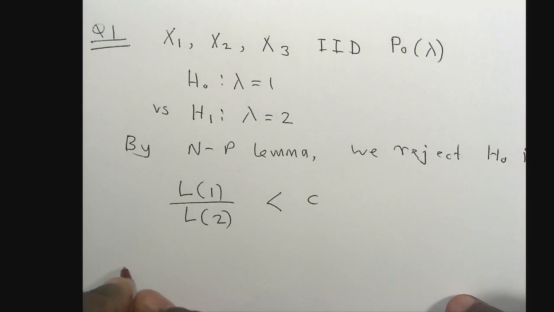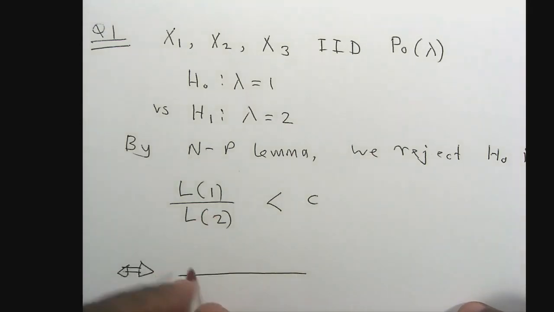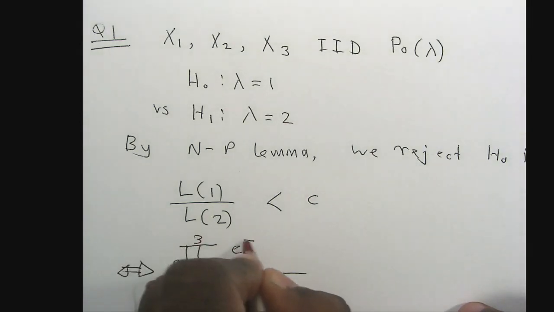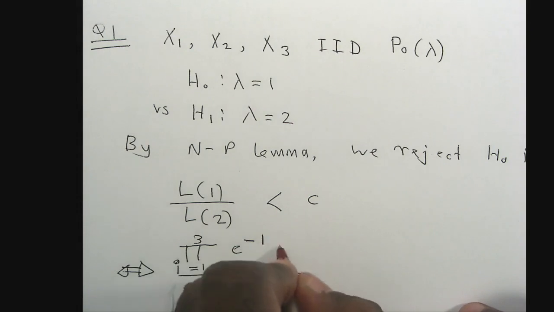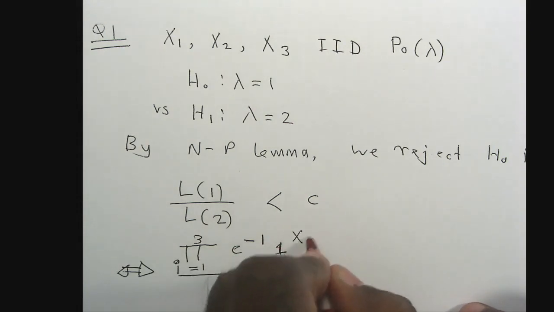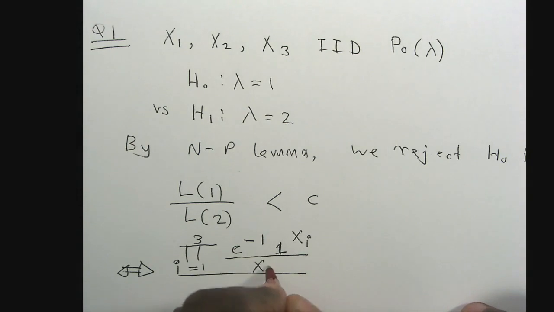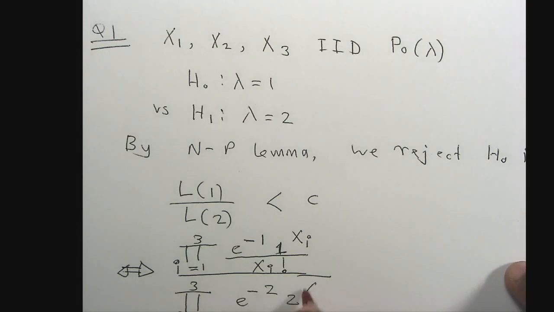So in this case, the likelihood at lambda equal to 1 is simply the product from i equals 1 to 3 of e to the minus lambda, which is 1, to the power xi, divided by xi factorial. This is the likelihood at lambda equal to 1, and the likelihood at lambda equal to 2 is e to the minus 2, to the power xi, divided by xi factorial, less than a constant c.